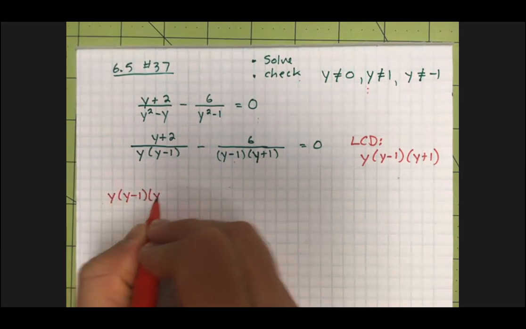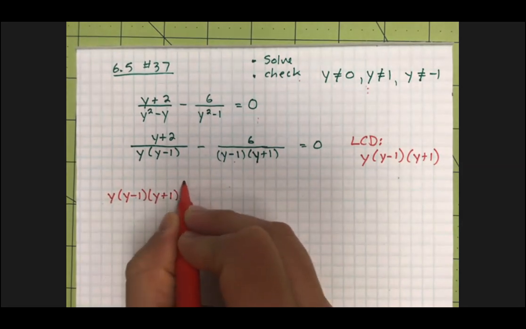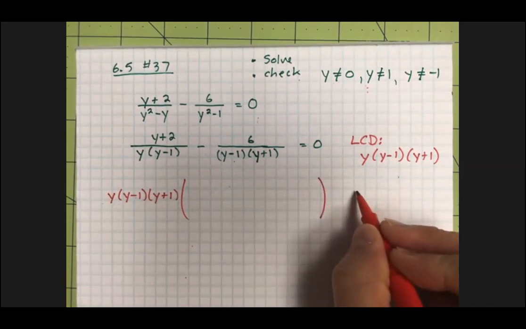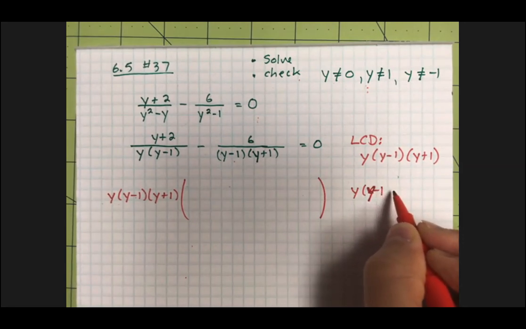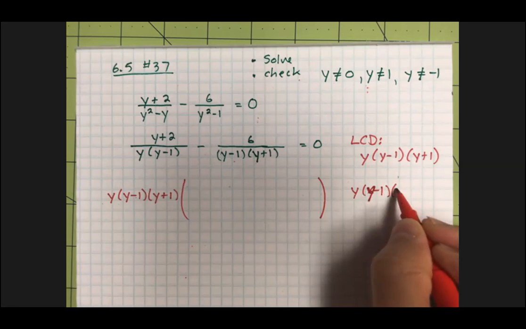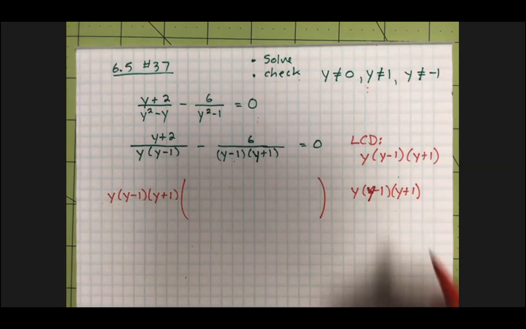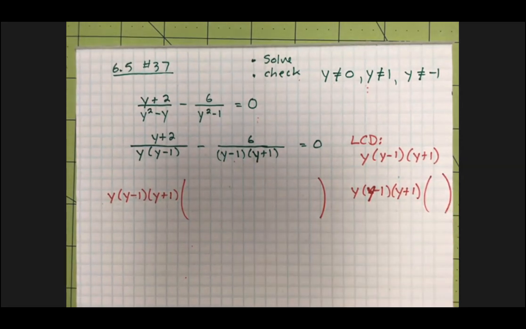So this problem's got some extra pieces in it. So let's be careful. y minus 1, y plus 1. I wrote x minus 1 there for a second. Looks like I ran out of space here on the right.